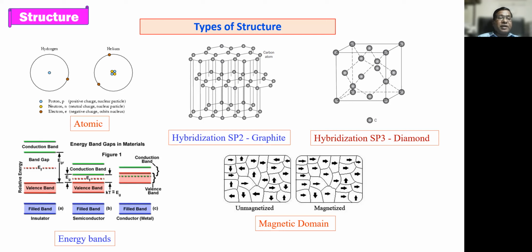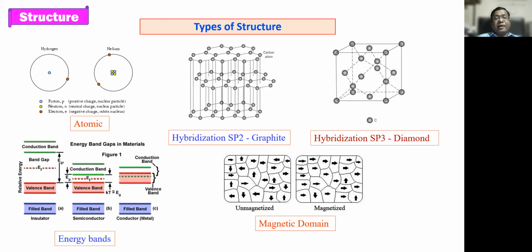So insulators will have a very big band gap, and semiconductors will have a very small band gap, or sometimes they are doped with another element, which will give an overlap of their conduction and valence band. And there is another band, which is the filled band. That is not taking any part in all these interactions.